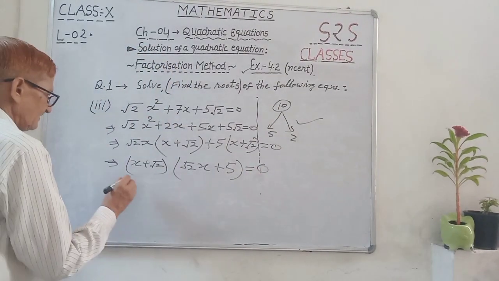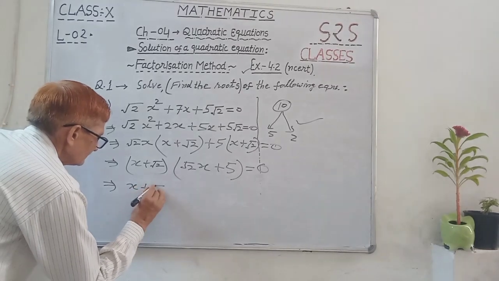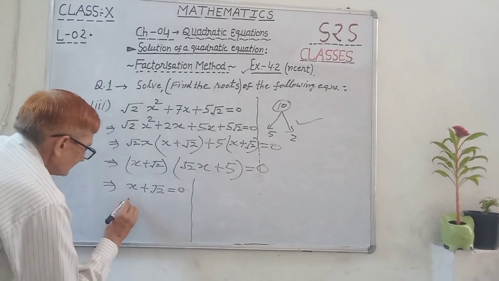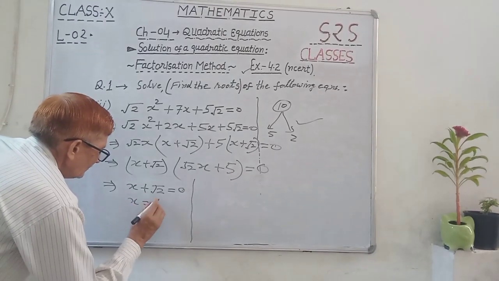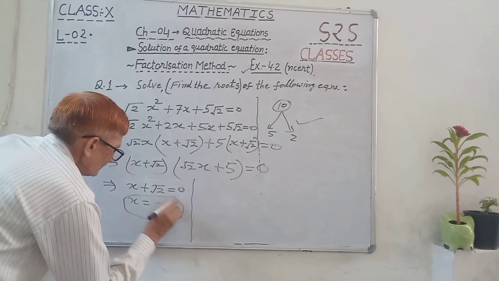Okay, then x plus root 2 is equal to 0, so x is equal to minus root 2.